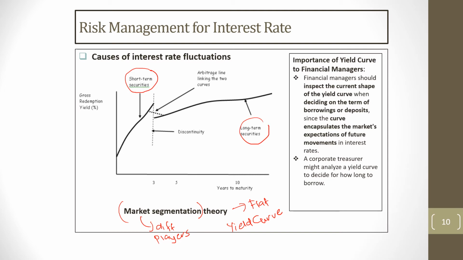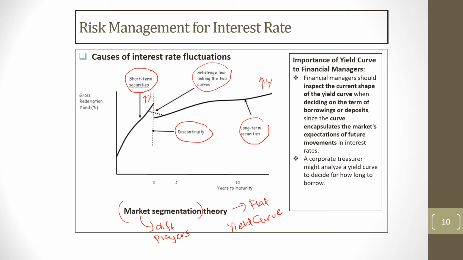If you can see, the trend for both short-term and long-term securities is the same: you get higher yield at the end of the years to maturity. What differs is there is an empty space here, a discontinuity between short term and long term. This is what we call the arbitrage line linking the two curves.